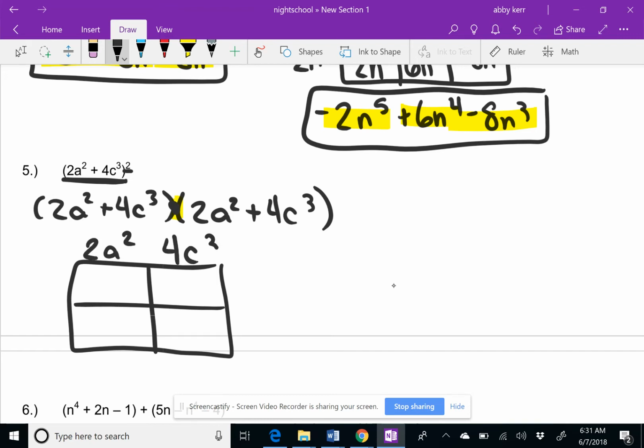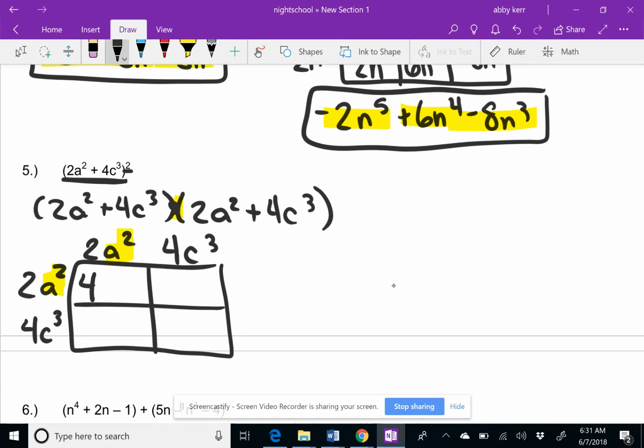Now, even though there are 2 different letters, 2 different variables, don't let that throw you for a loop. Just remember your exponent rules and you'll be okay. So we have 2 times 2, which is 4. And notice that we have a squared times a squared.